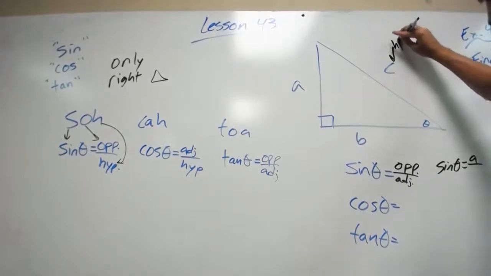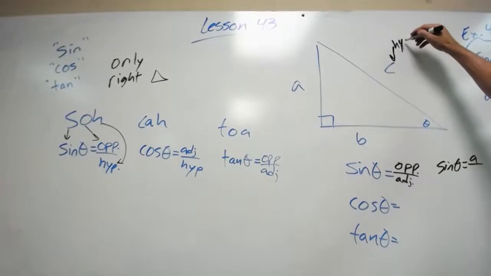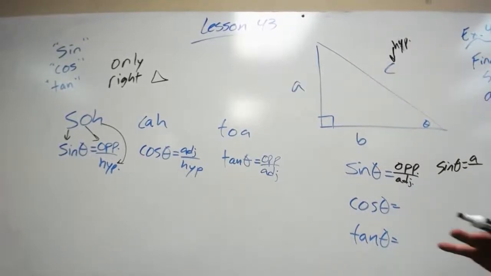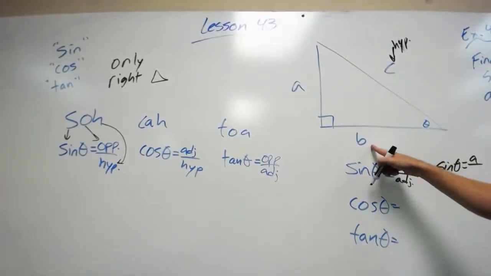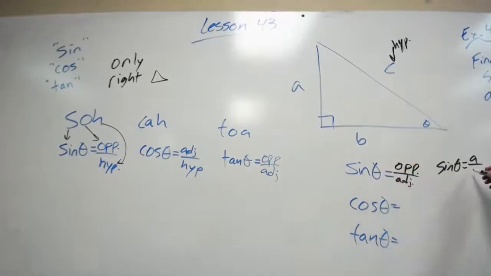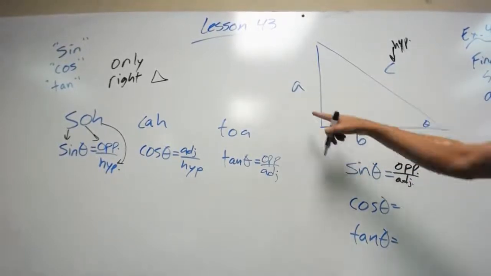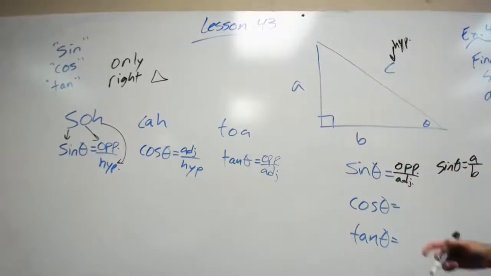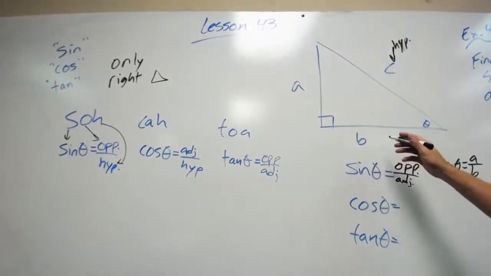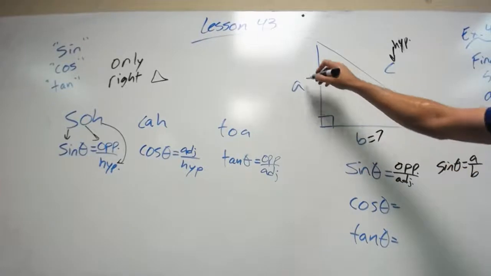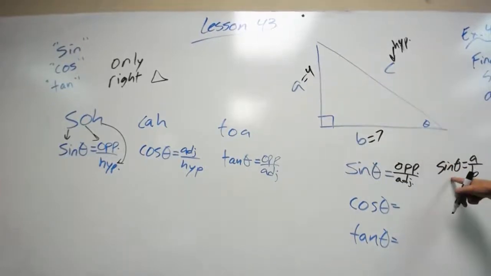That's the hypotenuse, so that is not our adjacent. B would end up being our adjacent for sine. So sine of theta in this one would be A over B. So if B equaled 7 and A equaled 4, we would say sine of theta equals 4 over 7. And you could put that in your calculator and solve.